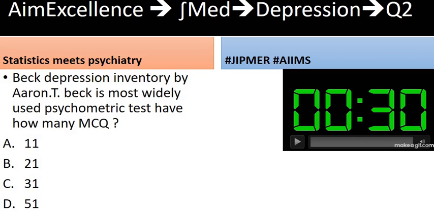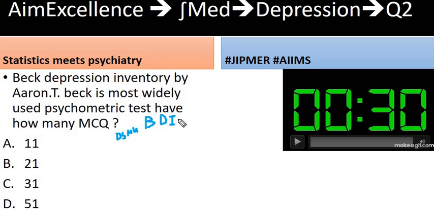Before going into BDI, right now we have not only BDI 1 but we have BDI 2, and remember this is from DSM 4. Right now we have DSM 5, so it is actually from DSM 4. It was given there the first time.